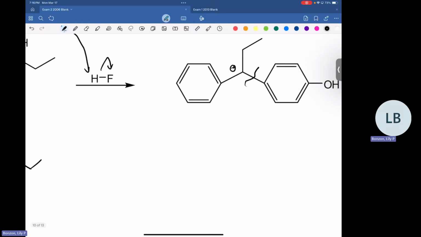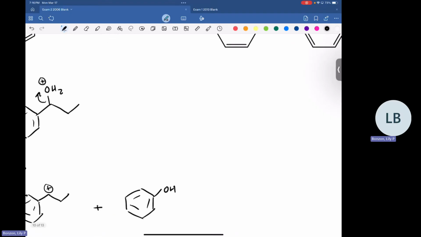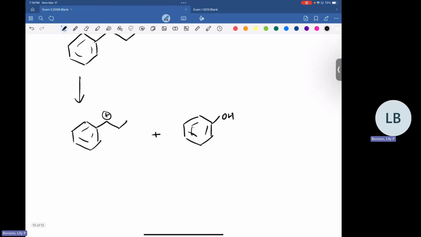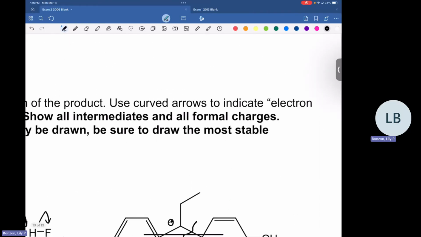All right, and then I want it to be para. So let me redraw this a little bit better. I want my new group, the benzene with the propyl group, to be para to our OH on the phenol.